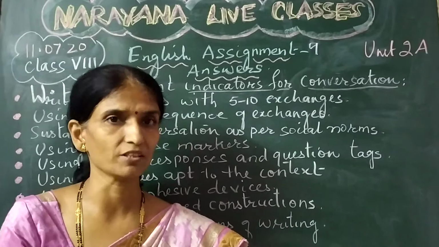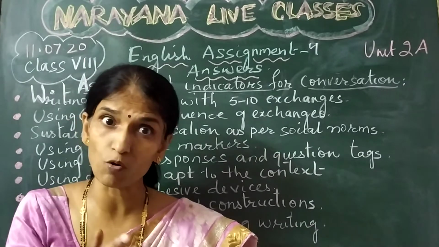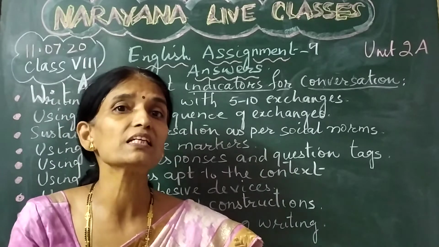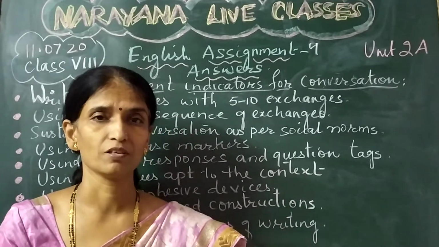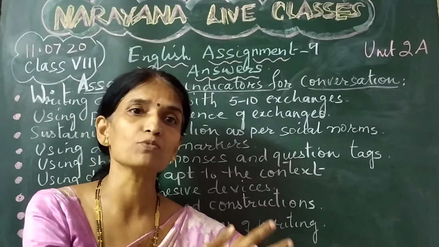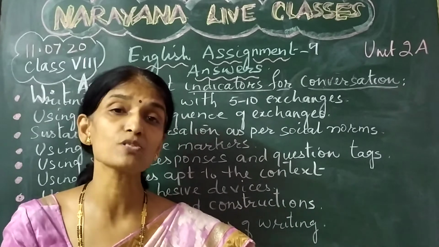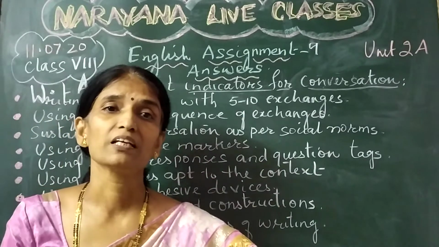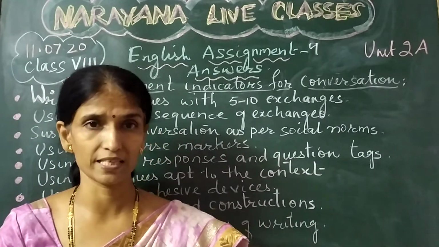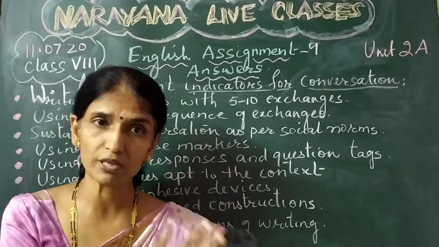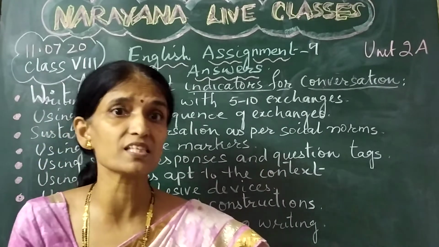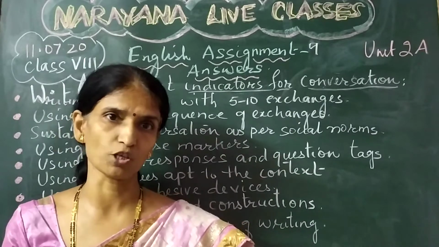Then we develop the conversation according to the topic given, and in the end we gracefully depart. We close the conversation. So sustaining a conversation as per social norms is the third assessment indicator: greetings, developing conversation according to the instance given, and then closure.